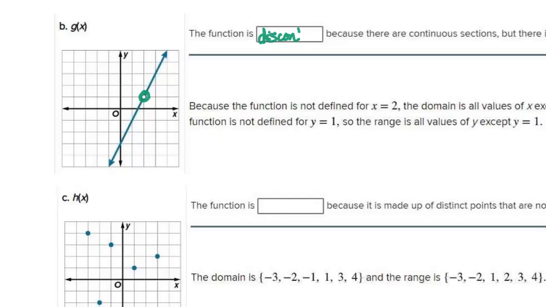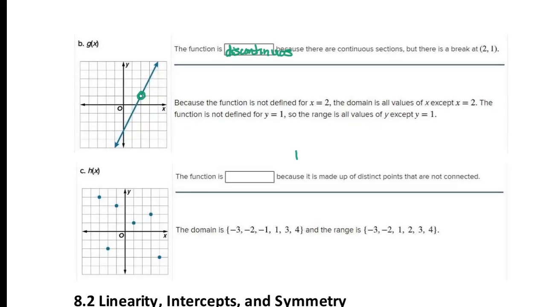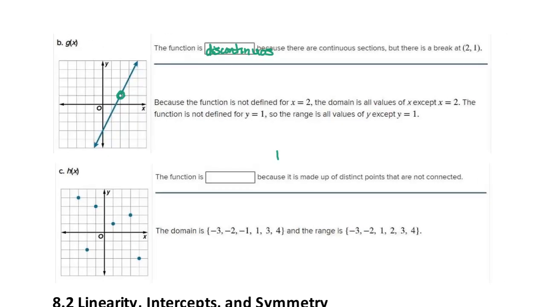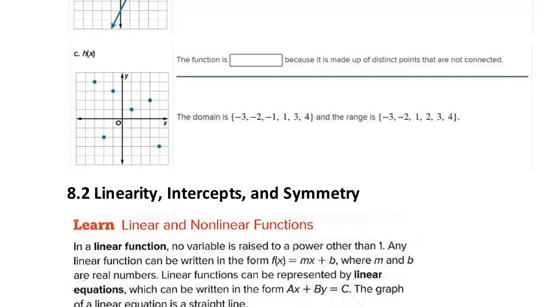Discontinuous. It says there are continuous sections, but there's a break at 2, 1. It's not defined where x is equal to 2, and it's not defined where y is equal to 1. And the last one is discrete.